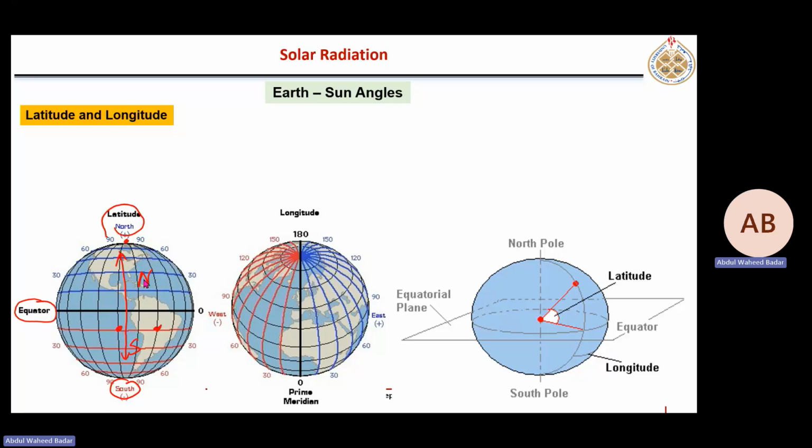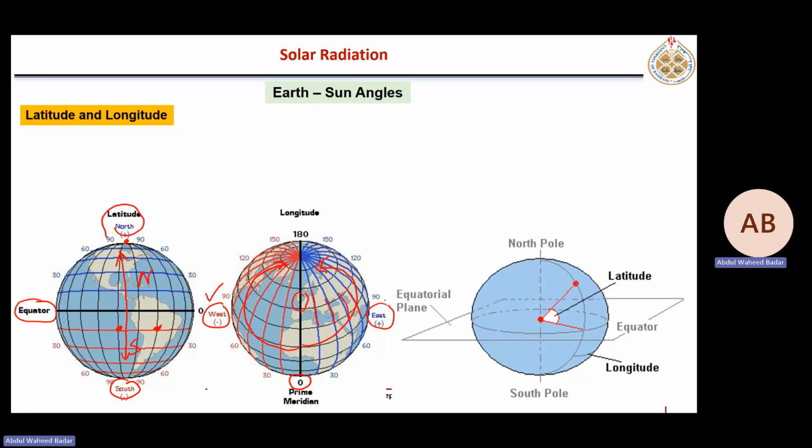Similarly, to specify the location in the east to west direction, we have these longitudinal lines starting from 0 in Greenwich in UK, and then 0 to plus 180 on this side towards the east, and 0 to 180 on the western side.